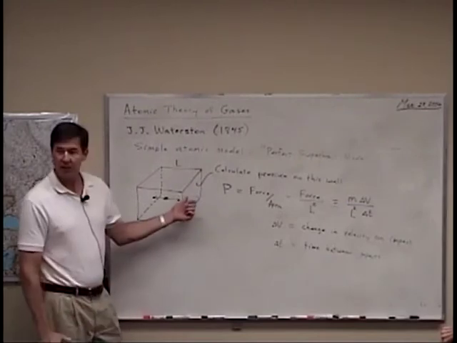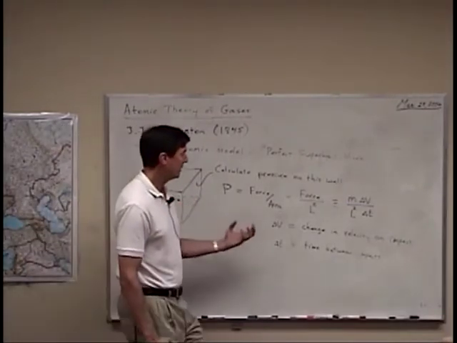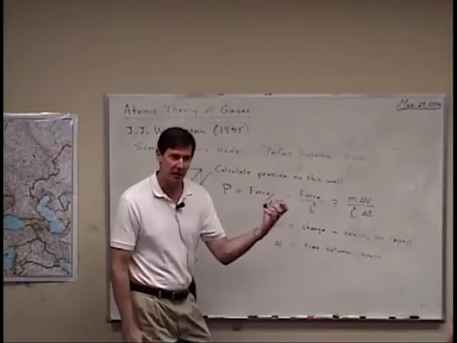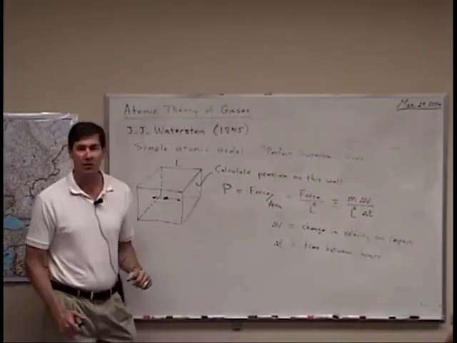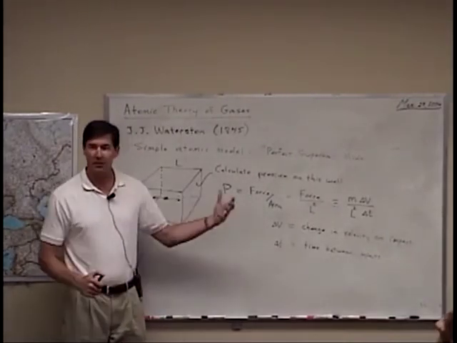In other words, if this thing is hitting once a second, we want the change in velocity that it undergoes when it hits, over that 1 second interval. That'll give us the rate of change of velocity.